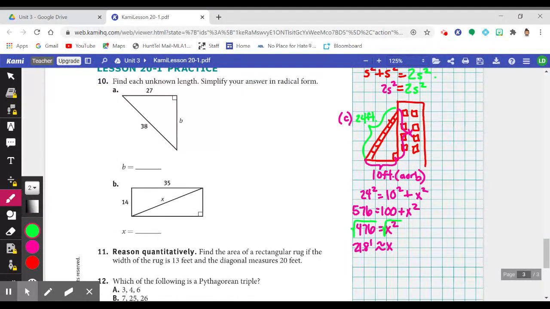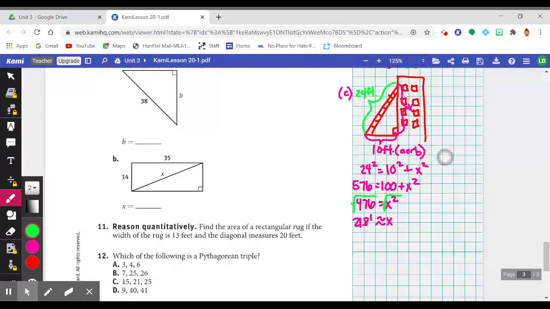So the ladder we have is 24 feet long, and they said they placed it 10 feet from the base of the wall. And obviously, the wall makes a 90-degree angle with the ground. So we are given actually our hypotenuse, which is the length of the ladder. That's why I put a C next to 24 feet. And this other distance from the foot of the ladder to the wall is either A or B, one of our legs. So I simply plugged it in for A.